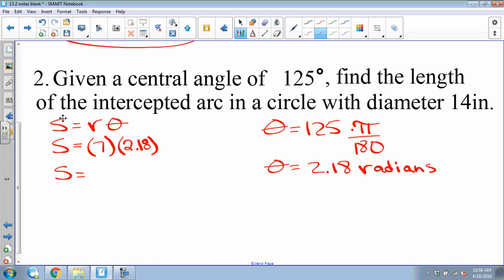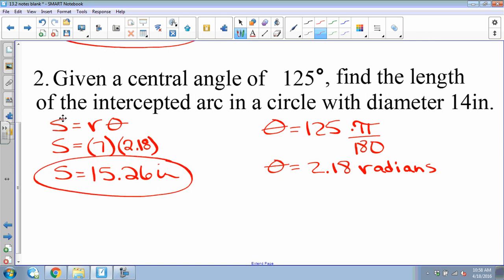So S equals 15.26 inches. Any questions? Your answer should be very close to this. Okay?